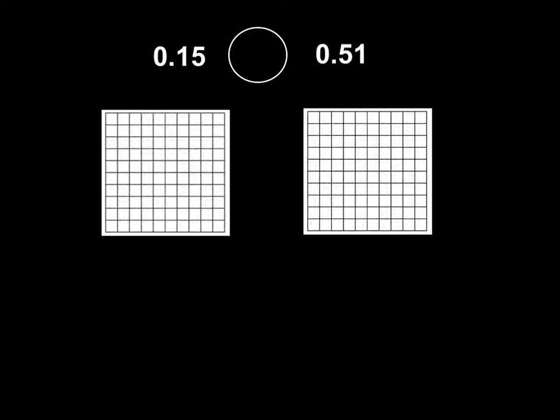So to start out, I'm going to look at my 15 hundredths, and I know that this has 1/10 and 5 hundredths. So I can color that in on my area model here. I can color in my 1/10 and then 5 extra hundredths for a total of 15 hundredths.